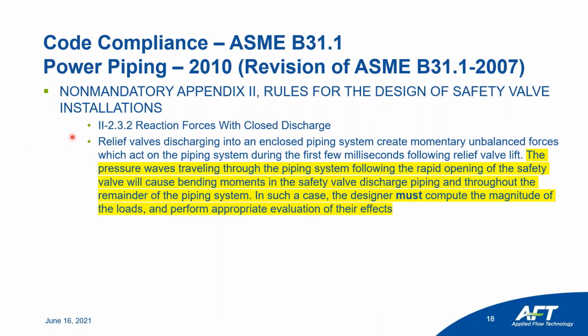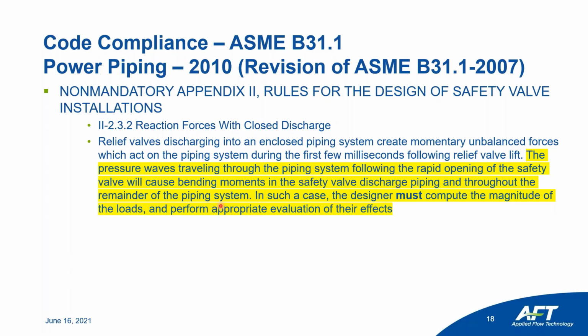So just a reminder, we're going to be using ASME B31.1, Appendix II, non-mandatory rules for design of safety valve installations. It tells you that the pressure wave traveling through the piping system following the rapid opening of the safety valve will cause bending moments in the safety valve discharge piping and throughout the remainder of the piping system.